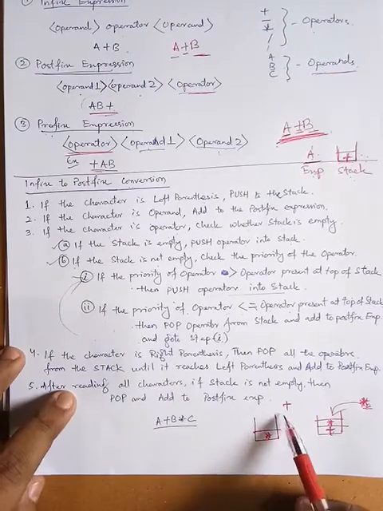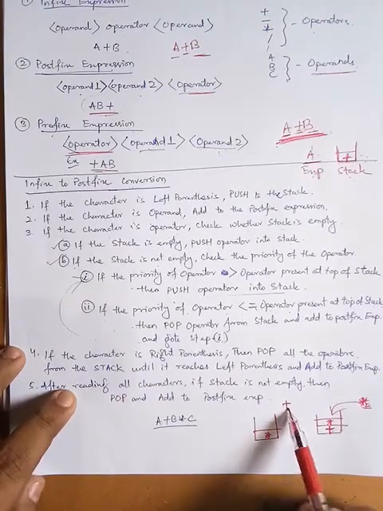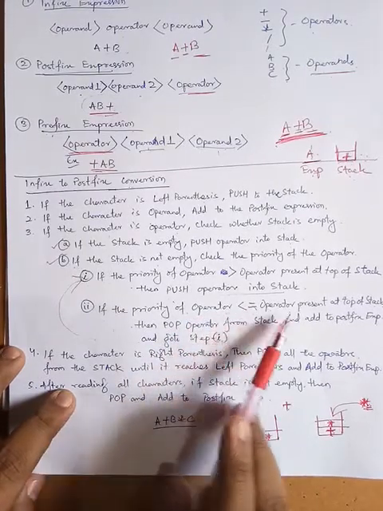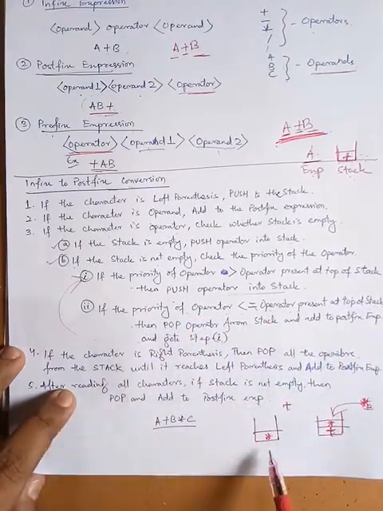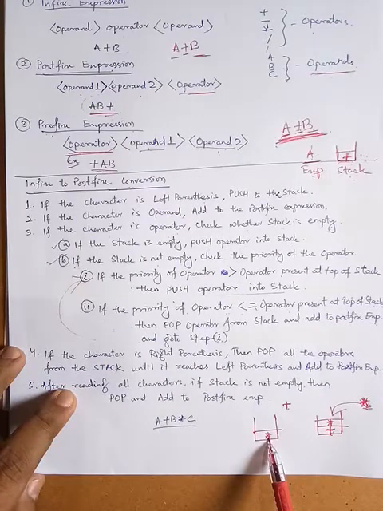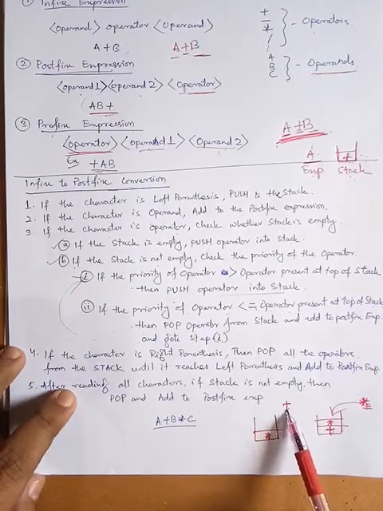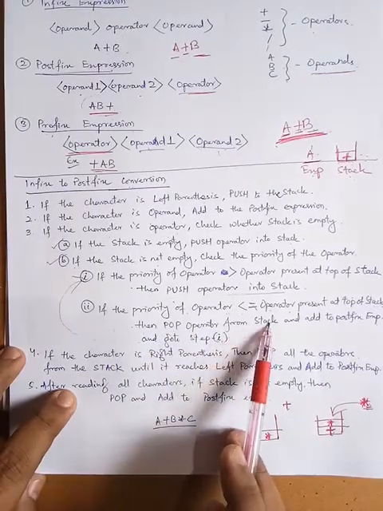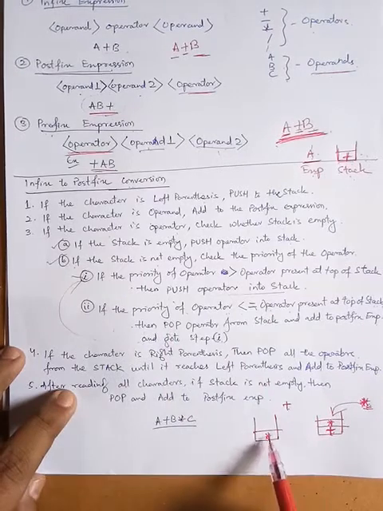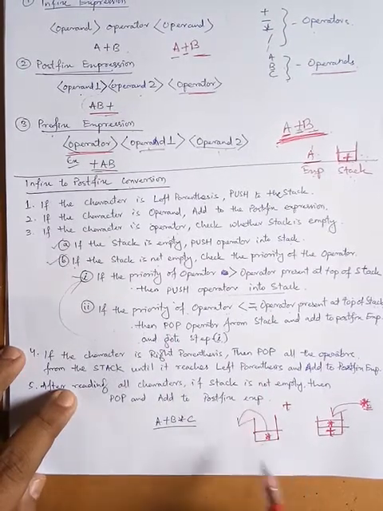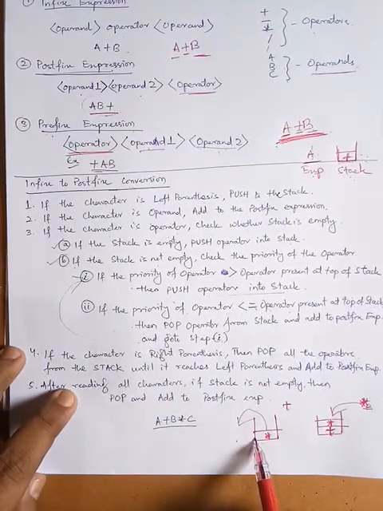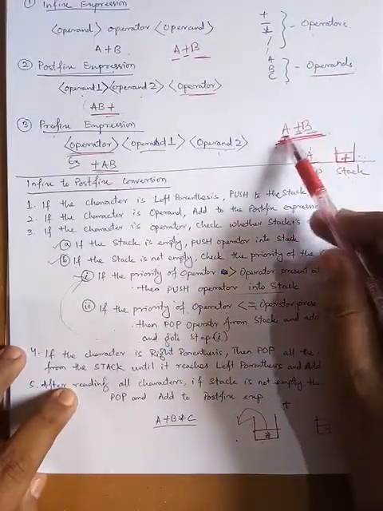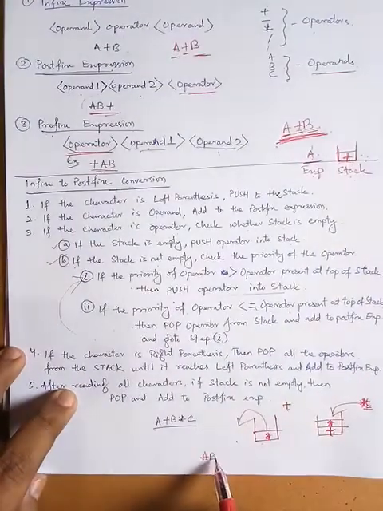Here the priority of the plus sign is less than or equal to that of the operator at the top of the stack. This is the top of the stack operator present. So this operator has less priority, which means in this case pop the operator from the stack. That means this operator will be popped out and added to the expression. Now we have taken this one example, the expression a plus b.